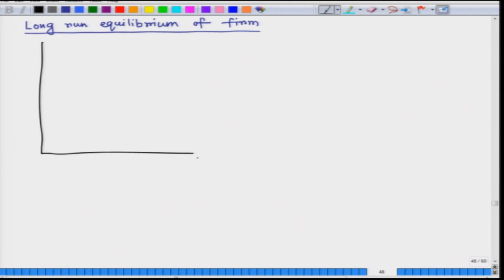I measure quantity as usual here, and on this axis we are going to measure a lot of stuff: long run average cost, long run marginal cost, short run average cost, short run marginal cost, and then finally the market price P, right. Okay. So, now let us first start with the cost curves.